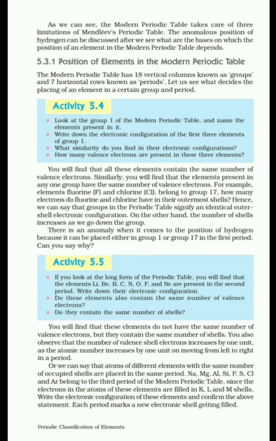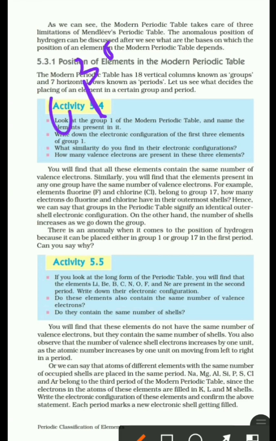For example, chlorine has two isotopes, chlorine 35 and chlorine 37, but these two isotopes have the same atomic number, that is 17, and so are placed at the same position. In this way, the modern periodic table overcomes the first limitation of Mendeleev's periodic table.